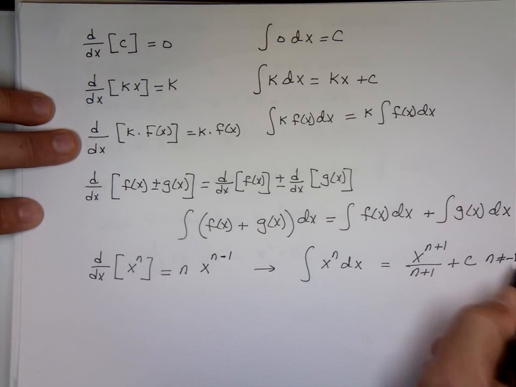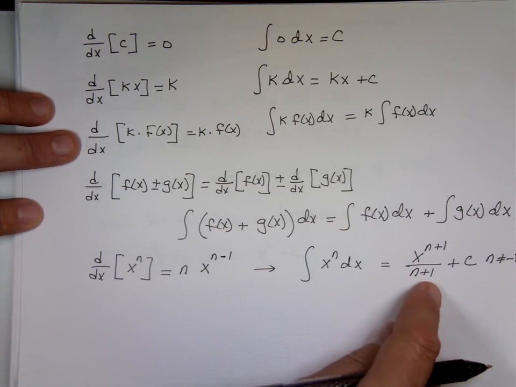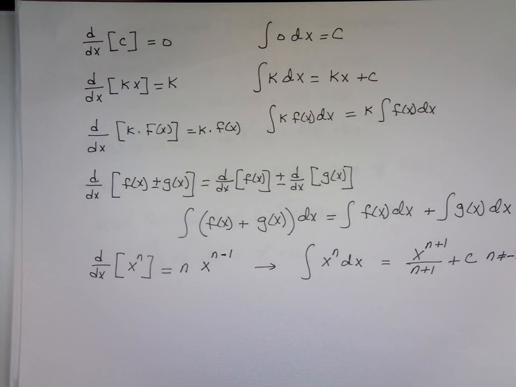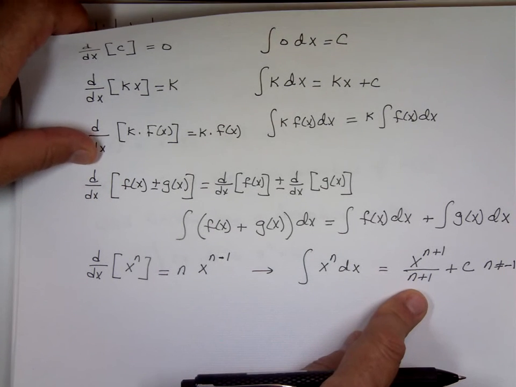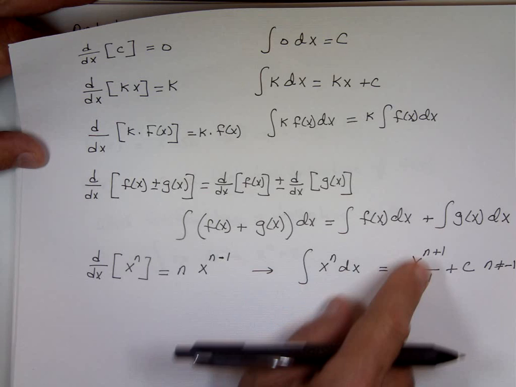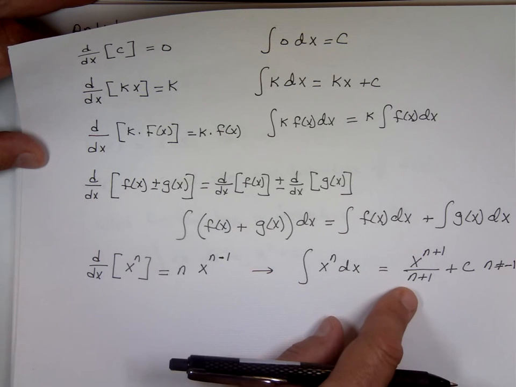Why? What's -1 plus 1? 0. You can't divide by 0. And this is really the biggest one right now. The integral of x to the n dx, you add 1 to the power, divide by the new power.